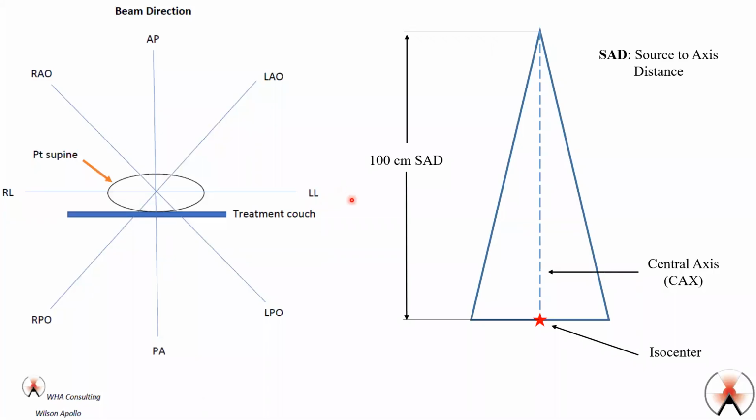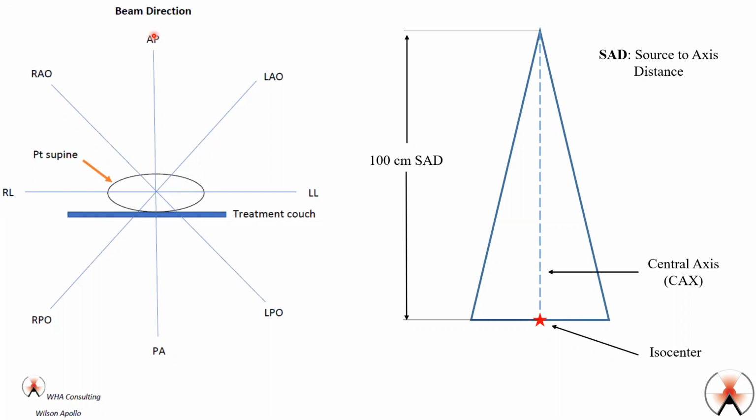Beam directions. A lot of times we see these abbreviations used, okay, that the patient was irradiated using an RAO, an LPO, AP, and a PA. This is just beam direction relative to the linear accelerator. This is the couch. Here's my patient. If the gantry is directly above the patient, the gantry is at 0 degrees.